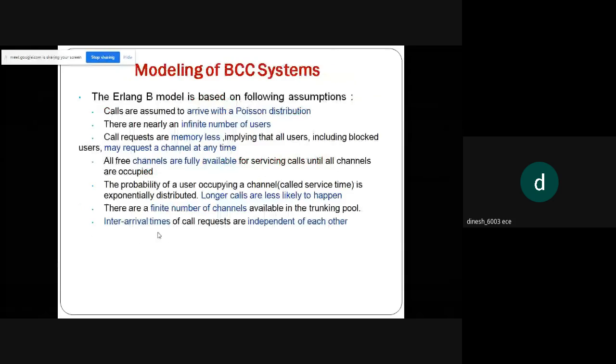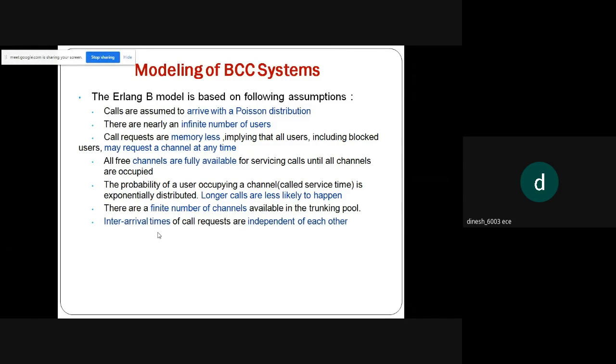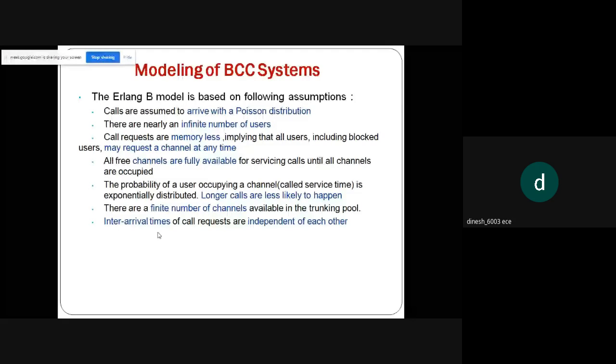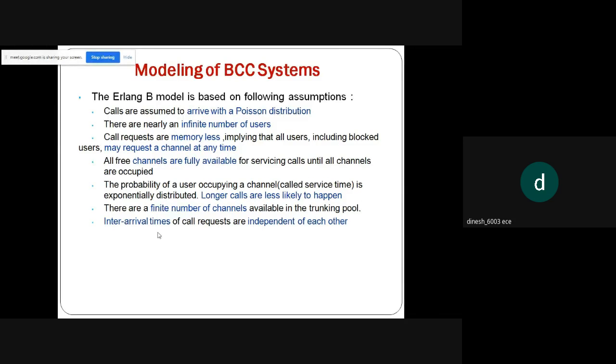The modeling of these BCC systems is based upon the following factors. The calls are assumed to arrive with a Poisson distribution. There are nearly an infinite number of users. Call requests are memoryless, implying that all users, including blocked users, may request a channel at any time.